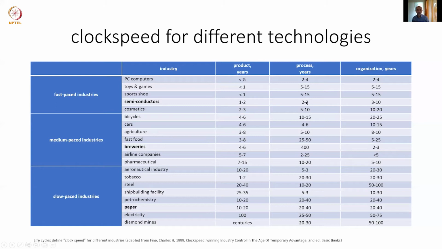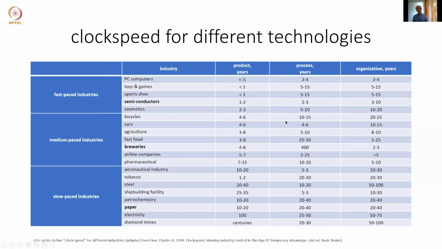When the processes to produce this hardware are replaced not so fast, they are replaced with a pace of somehow 2 to 3 years. When the organizations behind them appear and disappear with a rhythm of 3 to 10 years.